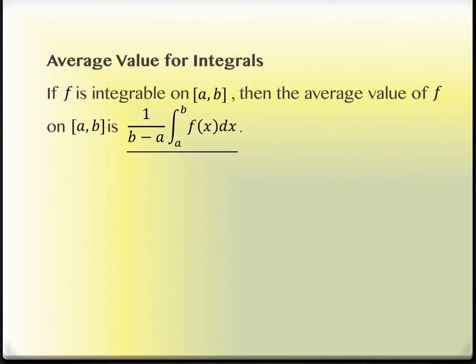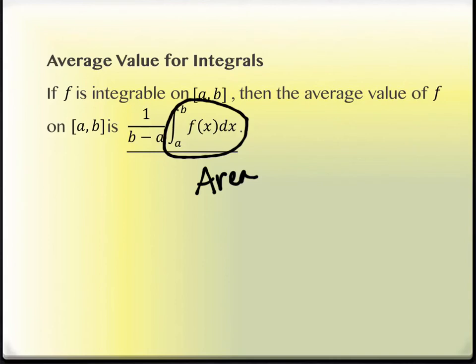I want to talk about what this equation is actually doing because it makes a lot of sense visually. If you had a function, we know that this piece finds what? One word. Area. It finds the area between a and b.